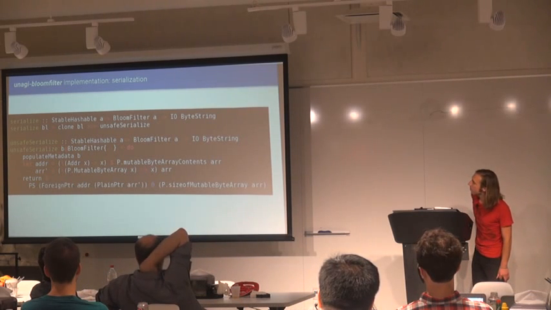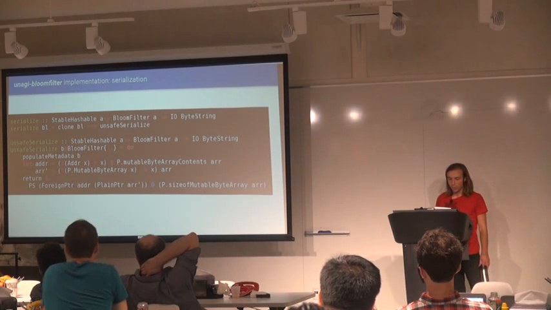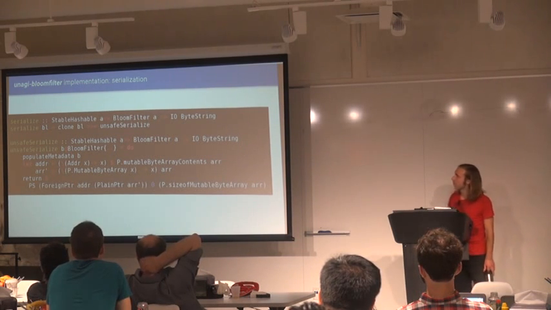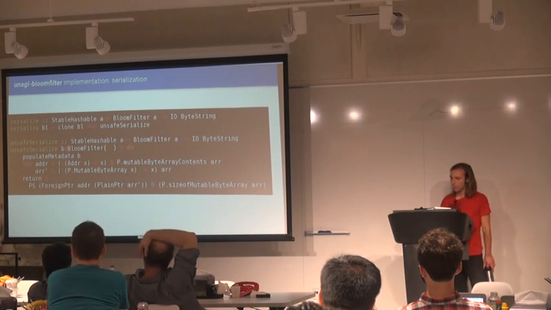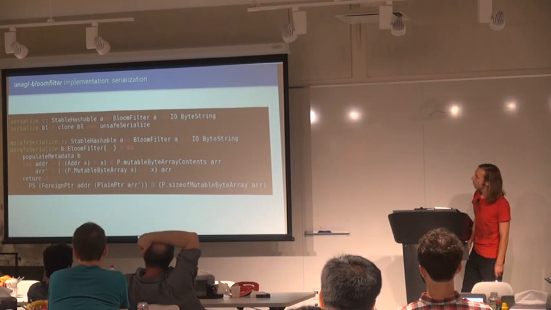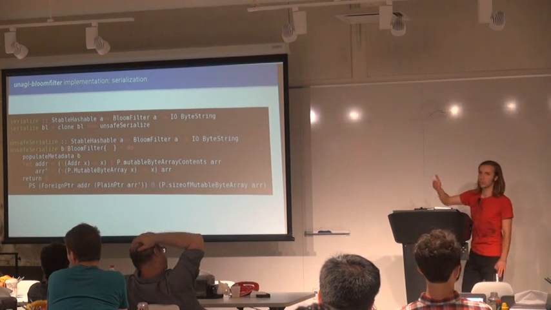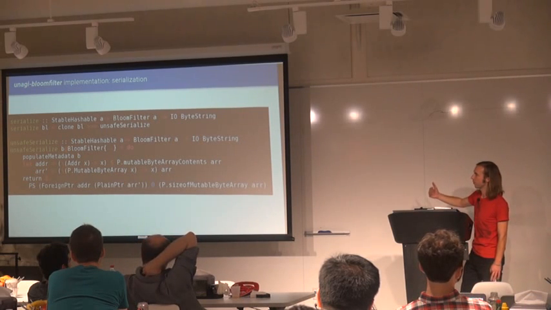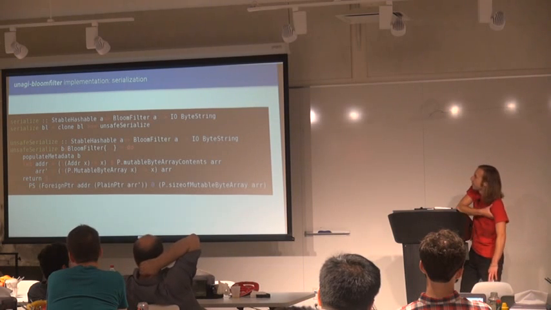Here are our serialization functions. This unsafe serialize, I'm not sure if that's exported at the moment. I think it is in a different module than the main one. It's unsafe in that we're returning a byte string, and you're probably familiar with the bytestring library, which is just a nice interface over strings of bytes.